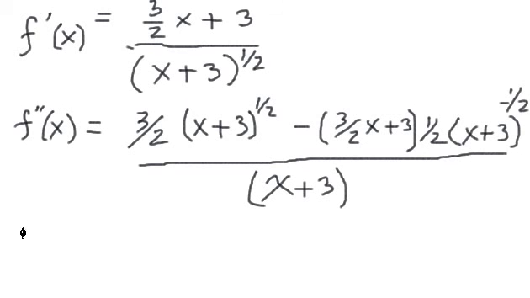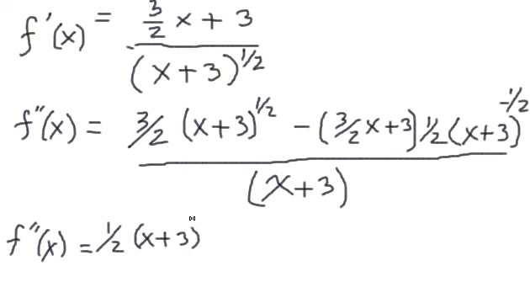Okay, so let's try to, man, it's hard to be neat on here. You know, writing on these tablets is a difficult thing to do when you're trying to be neat. So I'm going to pull a half out. And I said that I was going to pull an x plus 3 to the negative half out.